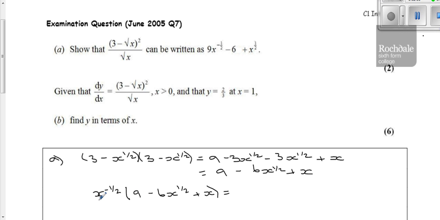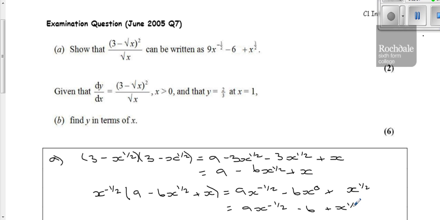So when I do that, I've got 9 x to the power of minus a half minus 6 x to the power of 0, because I'm adding those two powers together, plus x to the power of a half, because once again I'm adding the two powers together, so 1 add minus a half gives me a half, which gives me the answer that they are looking for in the question.